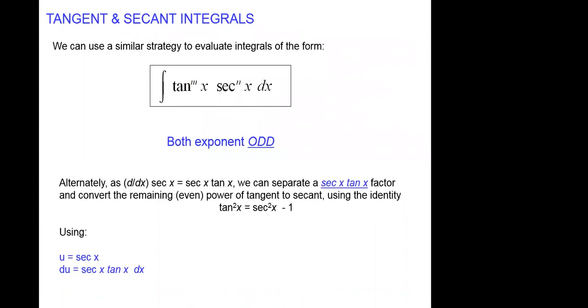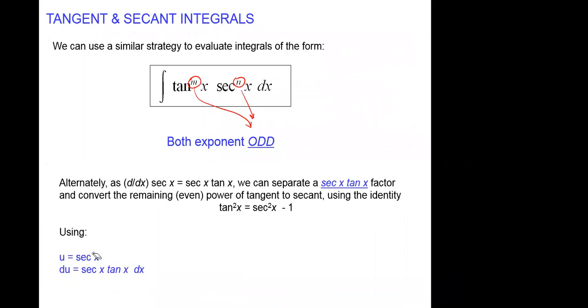Okay, I have another instruction slide. The same type, tangent of x times secant of x, taken to the power of n and m respectively, but both of the exponents are odd, like 1, 3, 5, 7, and so on.